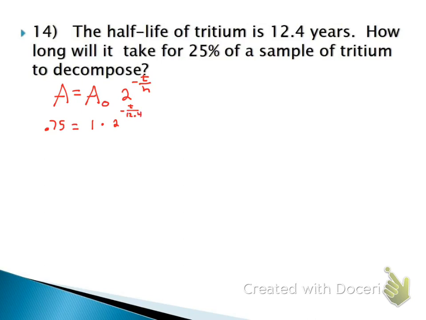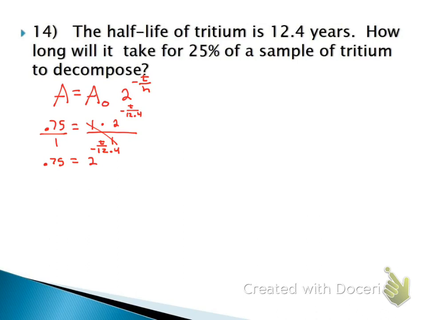Y'all with me? Okay, now, don't do this next step, but I'm showing you. You divide by 1. Would y'all agree that we don't need to divide something by 1? So we really have 0.75 equals 2 raised to the negative t over 12.4.